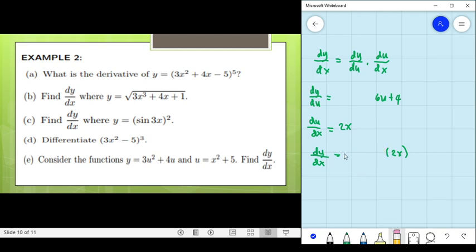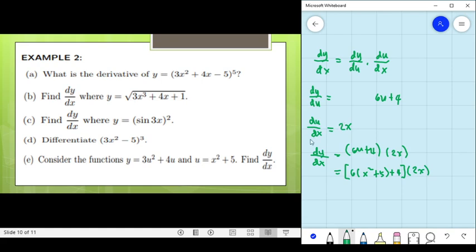Okay, so it should be quantity 6u plus 4 times 2x. And since u is x squared plus 5, we can make the expression 6 times x squared plus 5 then plus 4 times 2x.